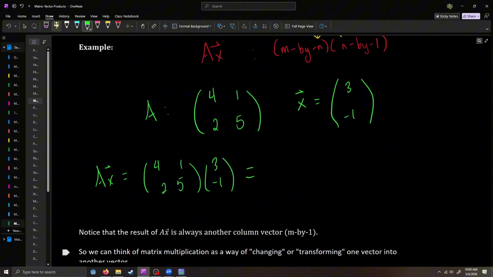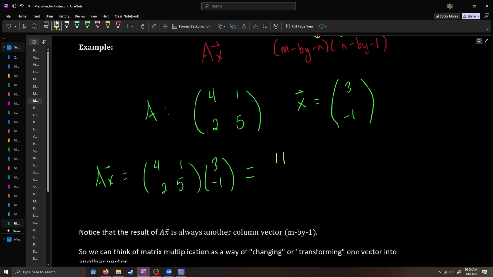So once again, dot products are what we're going to be using here. Taking first of all the dot product of the first row with this column, we get 4 times 3, 1 times minus 1. So that's going to give us a result of 11.